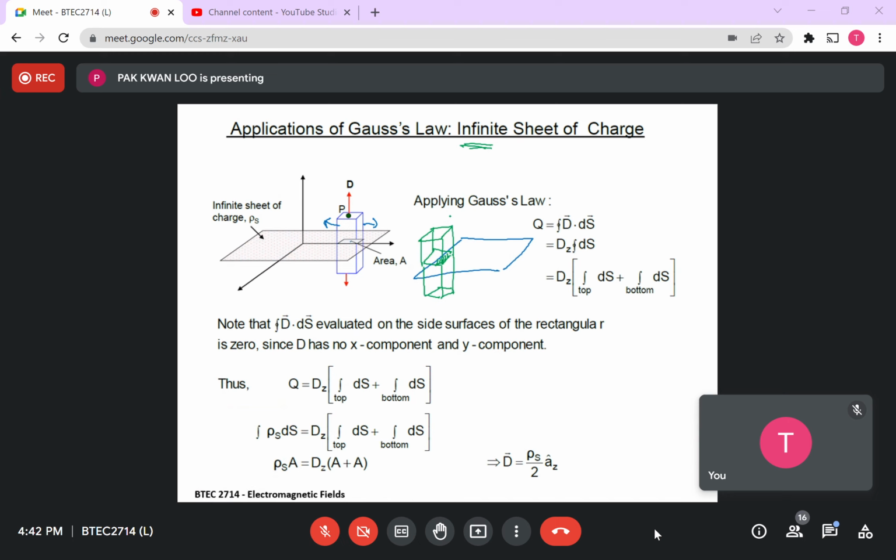Either there is no solution for the Gaussian surface to be chosen, or the charge distribution does not allow us to apply Gauss's law. That is a fail scenario. These are the typical scenarios where Gauss's law can be applied.